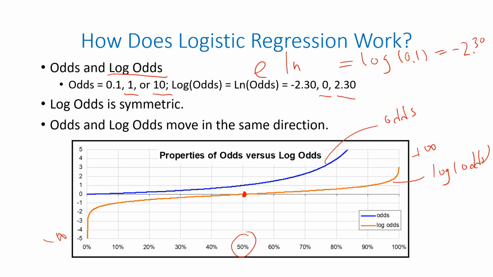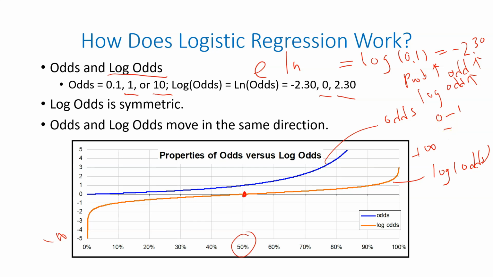When the probability is high, the odds value would be a large positive number, and the log odds will also be a large positive number. When the probability is low, or lower than 50%, the odds is going to be a number that's between 0 and 1, and the log odds will be a negative number.